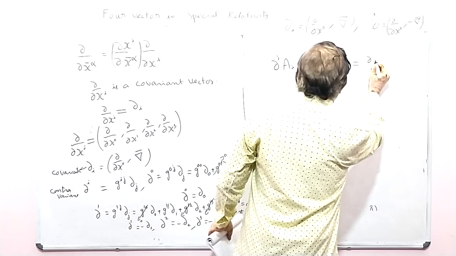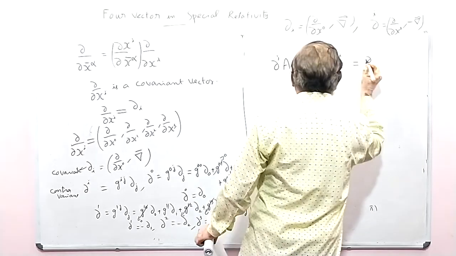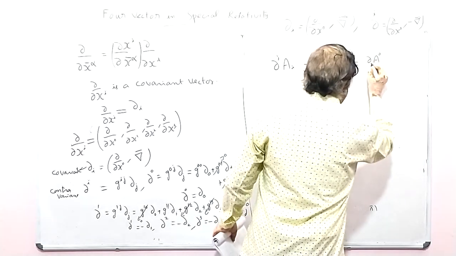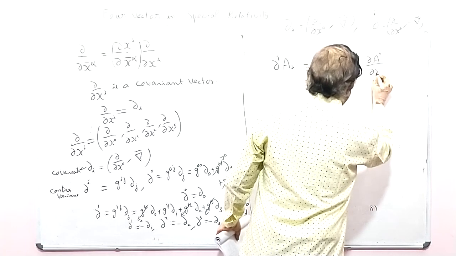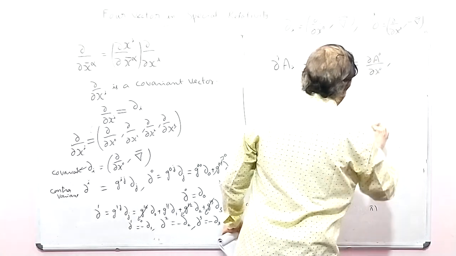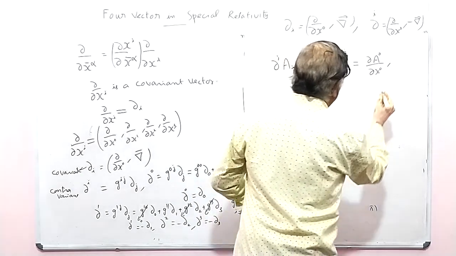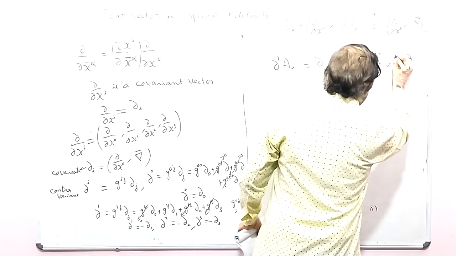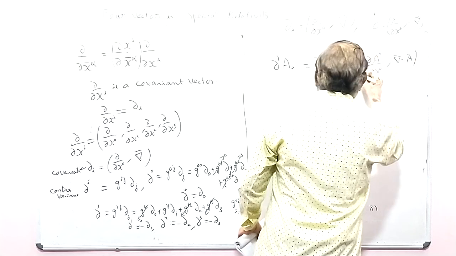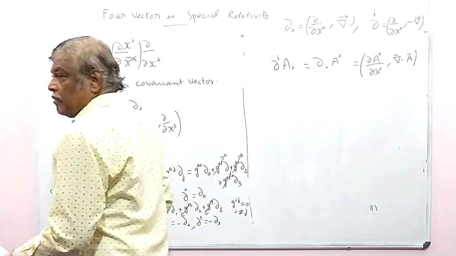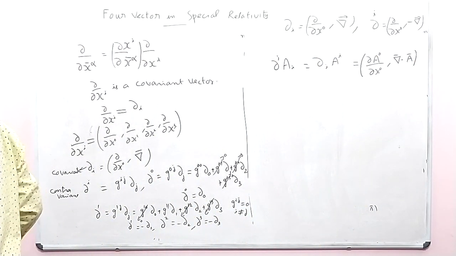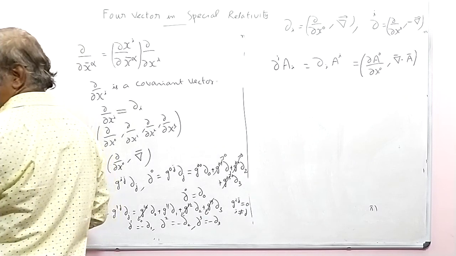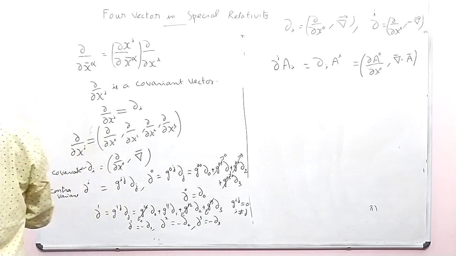You put i equal to 0, this is dA0 by dx0, comma, and this is minus divergence of A. Okay.